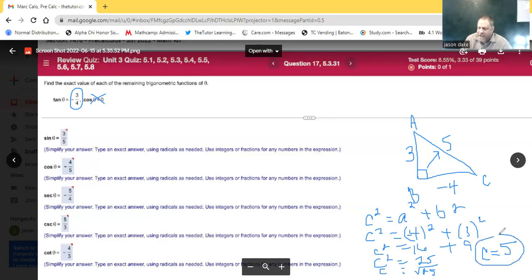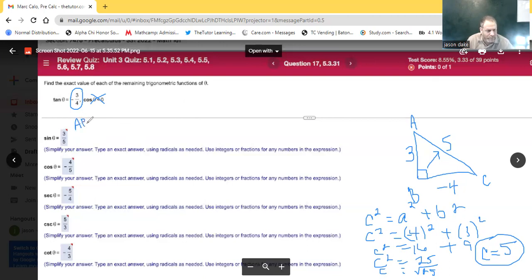All right, guys, now we can start. Let's start over here on the left-hand side. Since we did the video yesterday of this, it shouldn't take us very long. So the formula for sine is AB over AC.